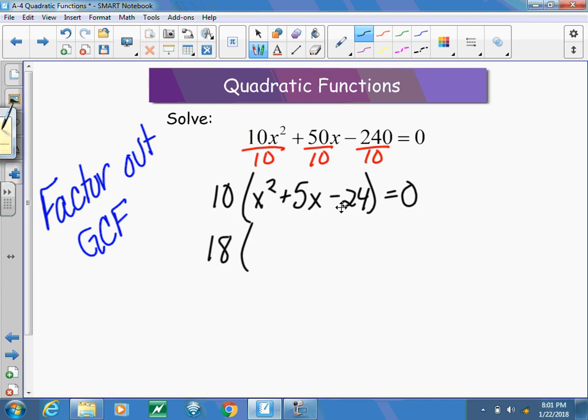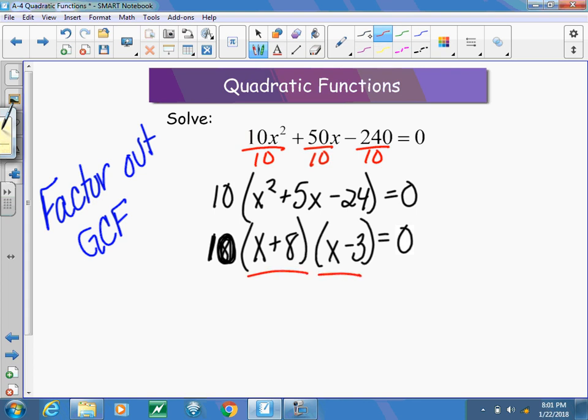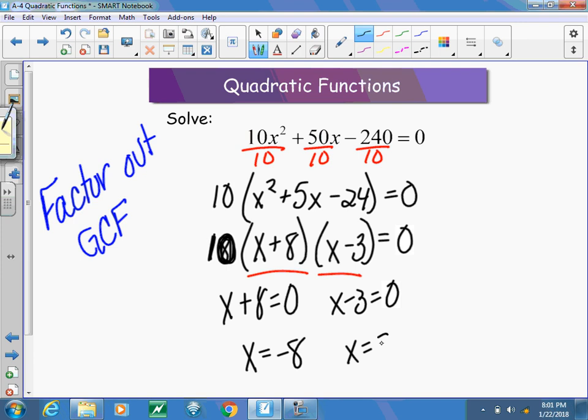Because now I can look at two numbers that are going to multiply together to get negative 24 and add together to get 5. So 8 and negative 3. Oops, that's a 10 right here. So that 10, that GCF really doesn't do anything for us here because it's your two factors here that have to equal 0. So x plus 8 can equal 0 and x minus 3 can equal 0. So we get answers of x equals negative 8, and x is equal to 3.